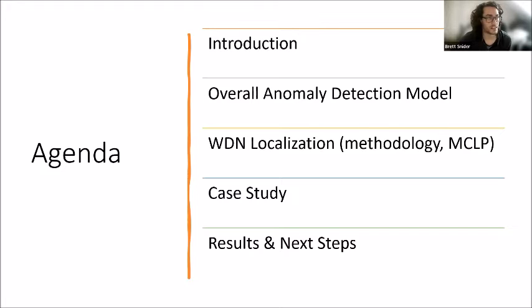And then I will discuss specifically my research into locating and detecting anomalies in water distribution systems, and specifically the application of the maximum coverage location problem in improving the localization of the event. A case study is used to describe the issue and explore the results and concluding next steps.